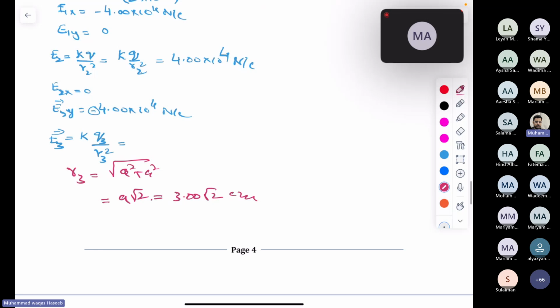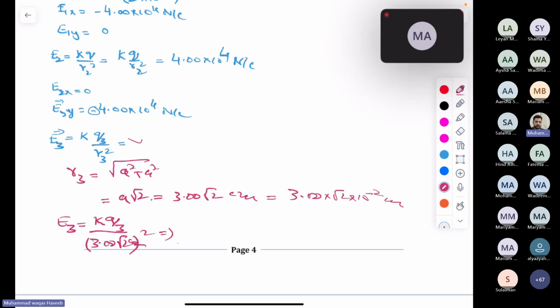And when we substitute this value into this equation, we will get E3 is kq3 over (3.0 root 2) whole squared centimeters, and we can convert into meters just by multiplying by 10 raised to power minus 2 meters.